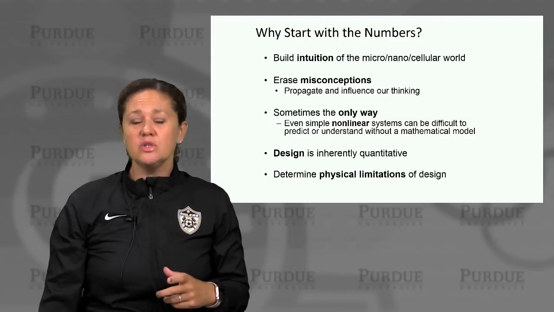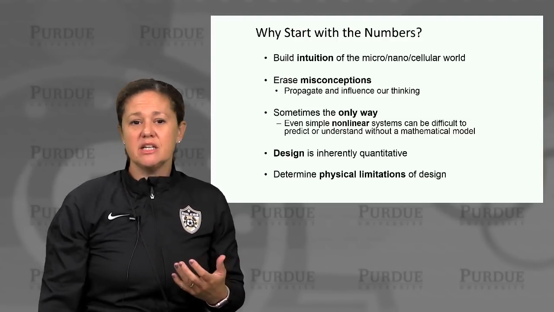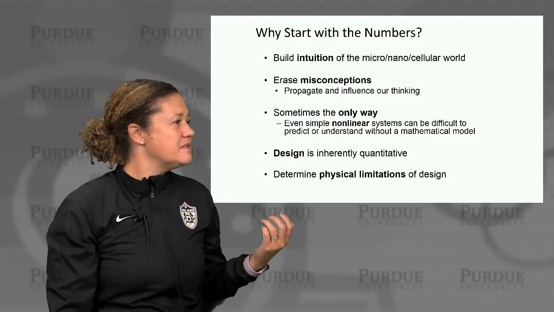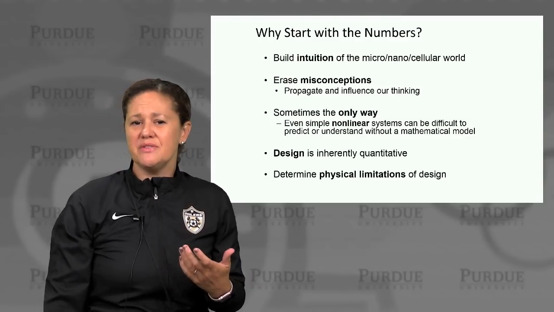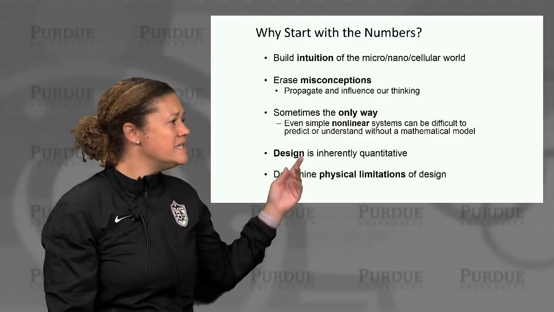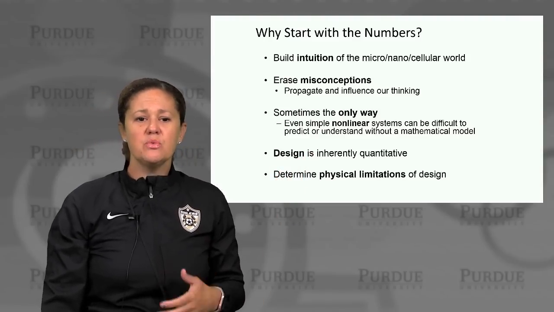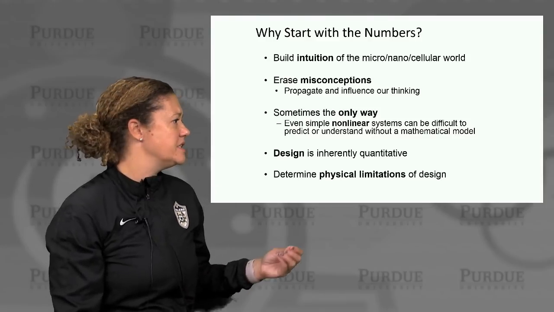And sometimes it's the only way. Cells very often have nonlinear behavior, and nonlinear systems can be very difficult to predict or even understand without a mathematical model. And design is an inherently quantitative process. So we really need to start here and ground ourselves in the numbers.